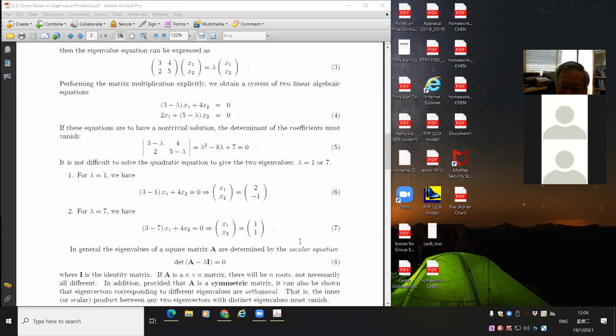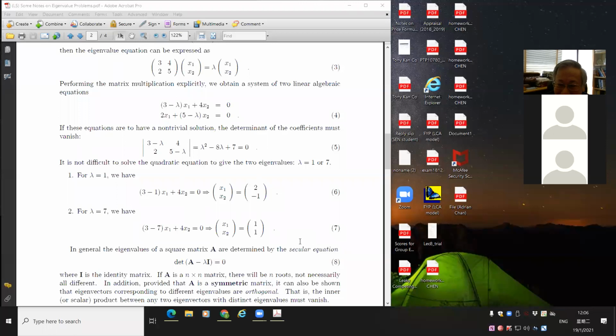Cubic equation, yes. Then, what do you know about the cubic equation? Of course, it is difficult to do. Yes, it is difficult to factorize.